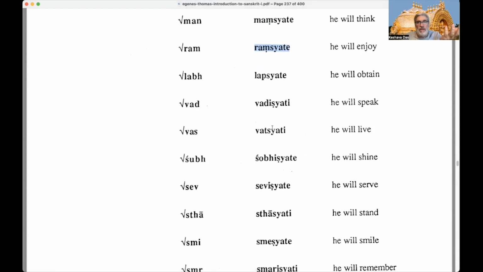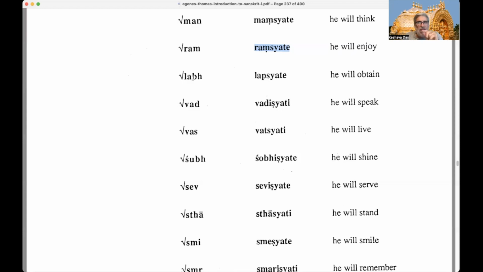Then we have lub. Lub we know takes middle endings. It was one of the first verbs that we learned that take middle endings. Labate, labete, labante, labase, labete, labadwe, like that. So lab means to obtain, or gain. So lab becomes lapsh, right? There's a change. There's an internal sandhi.